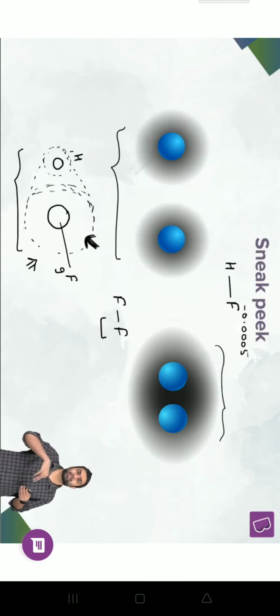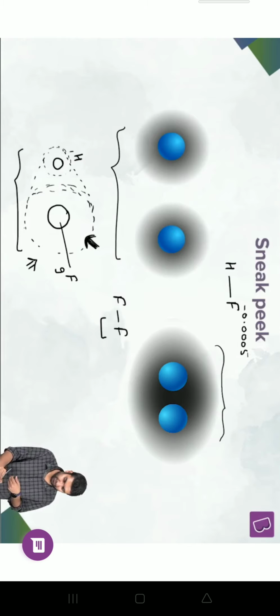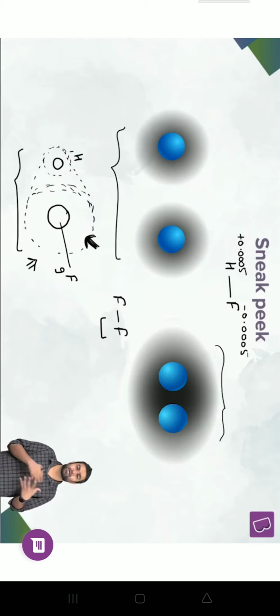Because the electrons like to spend more time over there. And similarly, we have a plus 0.0005 charge over here because the electrons like to spend less time over here relatively, given the more powerful nucleus. And because of that, there's a slight negative charge on fluorine and there's a slight positive charge on hydrogen.